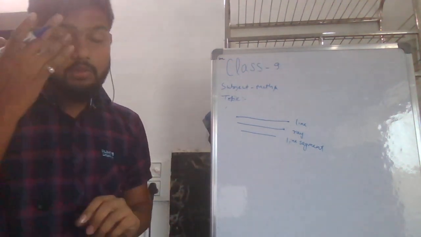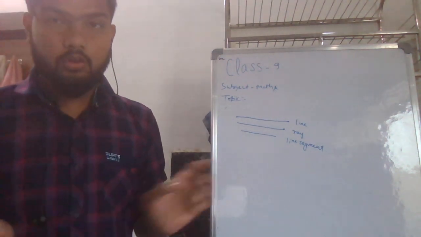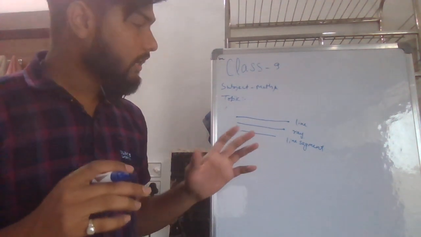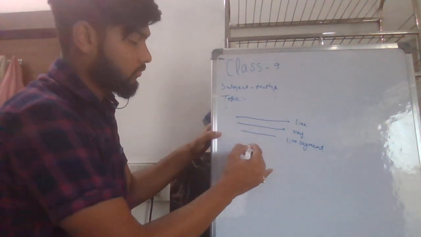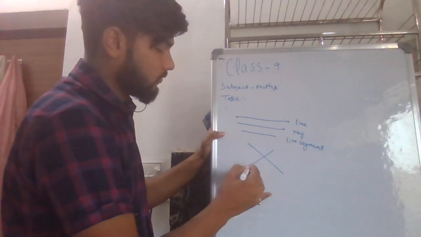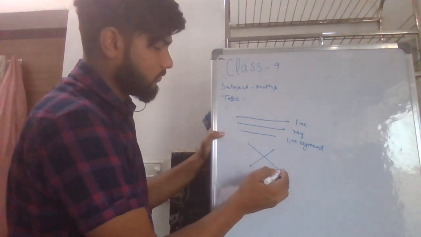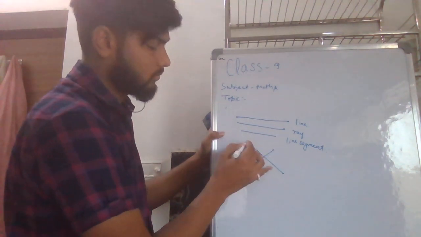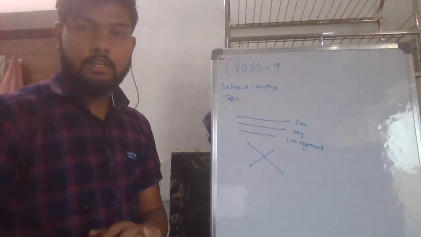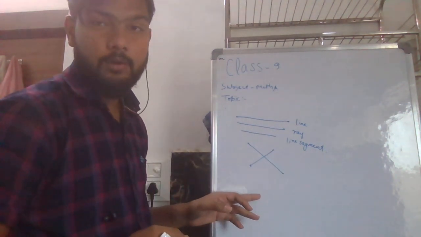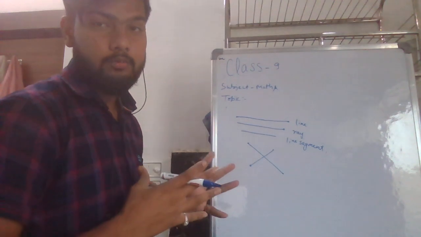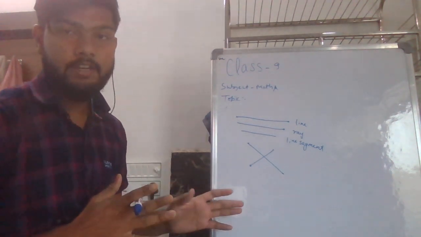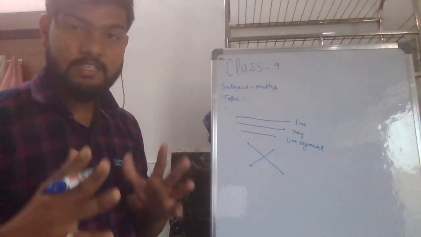Now I will show you two crossed lines, and you have to explore what we get when two lines cross each other.